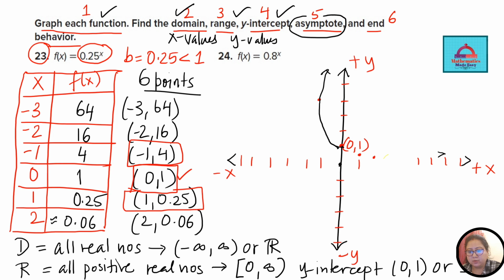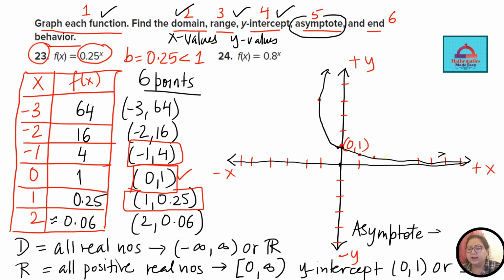I want you to observe the part of the graph that is almost very, very near to the x-axis, this part. So this part is very close to the x-axis, therefore x-axis is the asymptote for this graph, because in this part specifically the graph is coming very close to the x-axis even though it is not touching. So you may say that the asymptote is the x-axis, or you can write the equation of x-axis. I hope you know that the equation of x-axis is y = 0. So both will work, both will give you full marks.